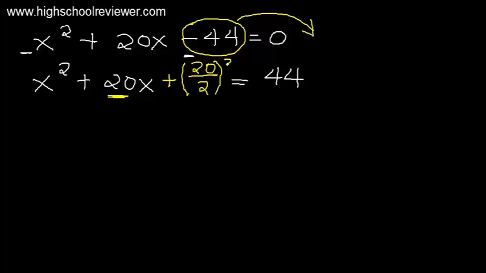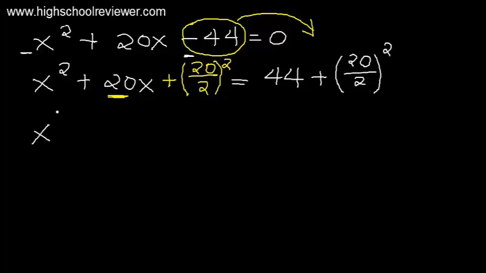And then raise this to the power of 2. Now, whatever is added on the left side must also be added on the right side, so as not to change our equation. We will have here 20 divided by 2 raised to the power of 2.